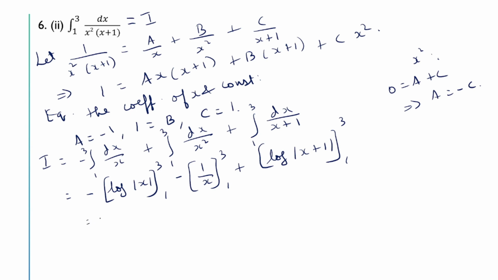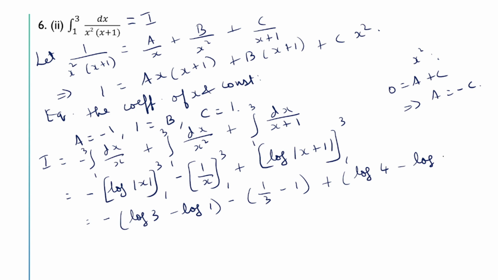So this is equal to minus of log 3 minus log 1, substituting the upper limit, so it is log 3 minus log 1, then minus of 1 by 3 minus 1 plus log of 3 plus 1 which is 4 minus log of 1 plus 1 which is 2. Now the log 1 will be 0 and here 1 by 3 minus 1 will be minus 2 by 3. So this will be plus 2 by 3.